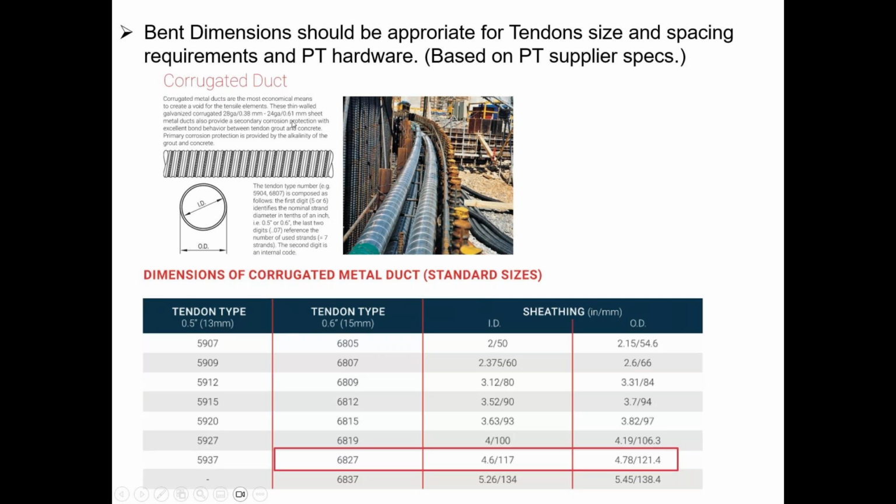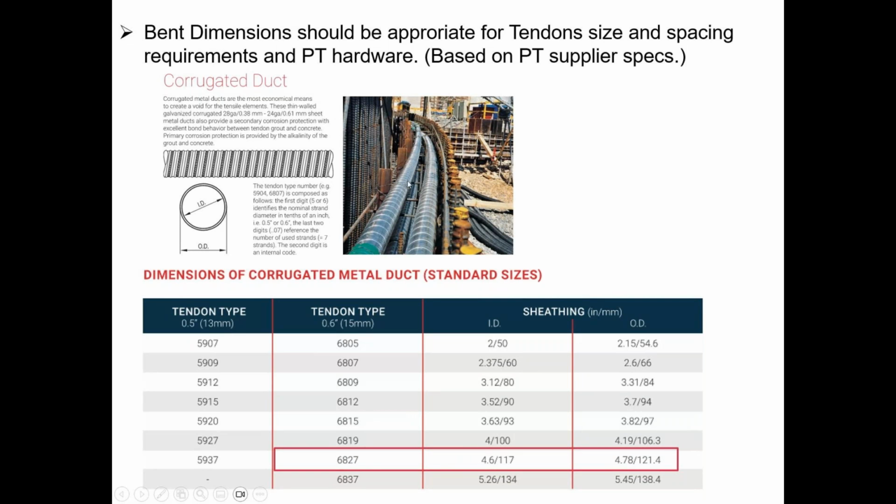It's important also to keep this design in conjunction with what the supplier is providing, the post-tension supplier. So you need to always review the inner diameter and the outer diameter of the sheathing. Usually the sheathing is a metal corrugated duct, and this provides good friction.